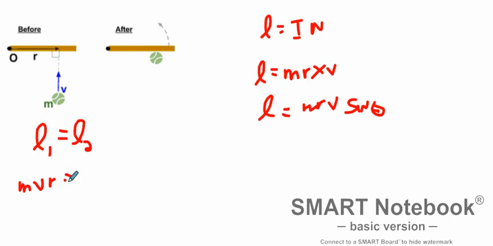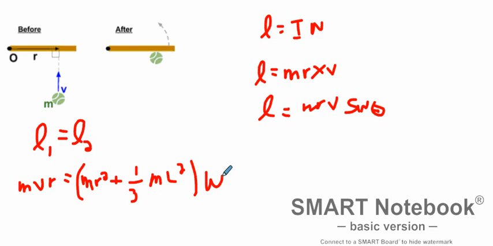Now we're going to have two things rotating afterwards. So this is going to be m r squared plus, now we have a bar rotating on one end, which is going to be 1/3 ml squared, times the final angular velocity.